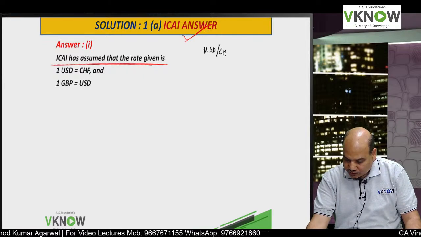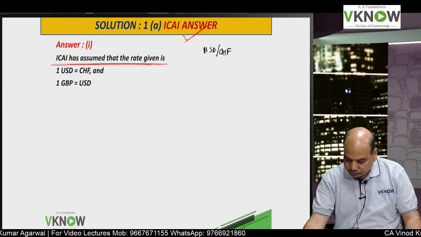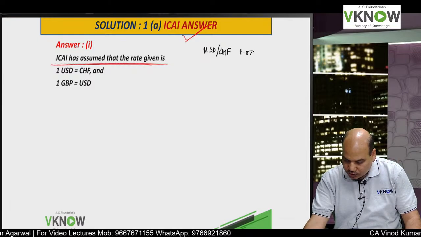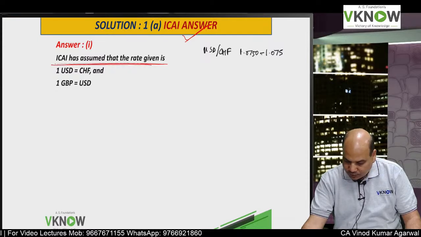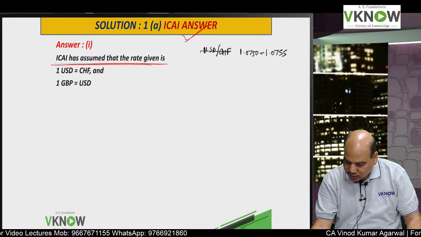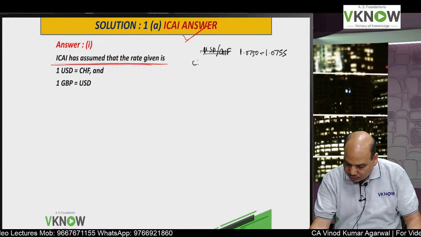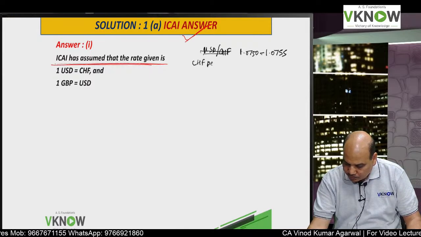USD per CHF 1.0750, 1.0755. So you just cut this and make it CHF per USD.